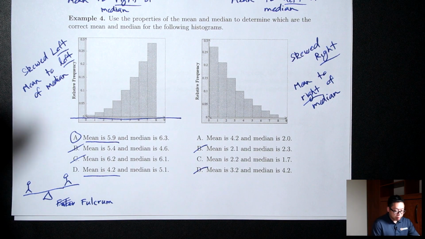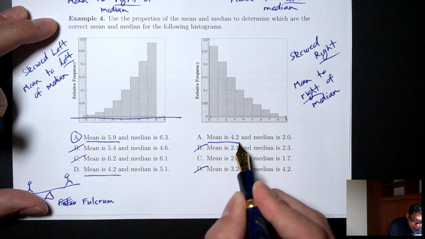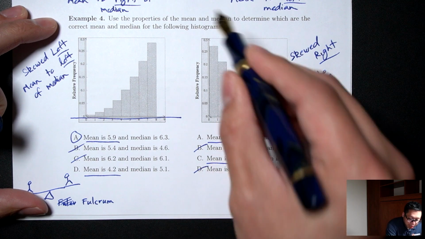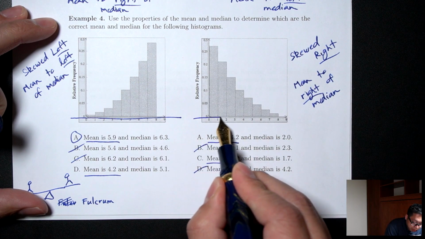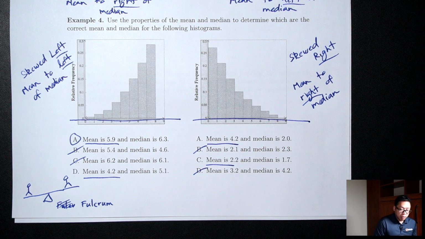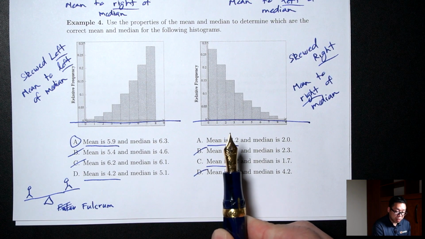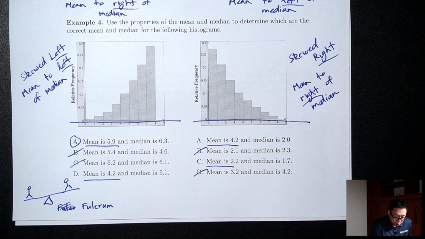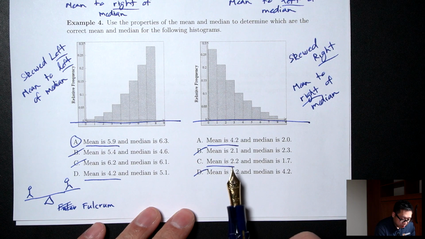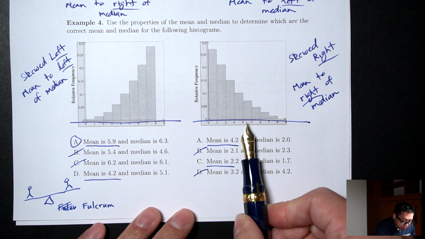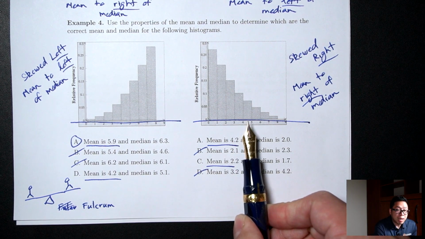Now, of what's left, look at the mean. Okay, and imagine these blocks on a plank of wood on a seesaw. The mean should be the location where it's balanced. Okay, one of these should obviously not balance. So let's try both of them. 4.2. 4.2 is right here. Would that balance?